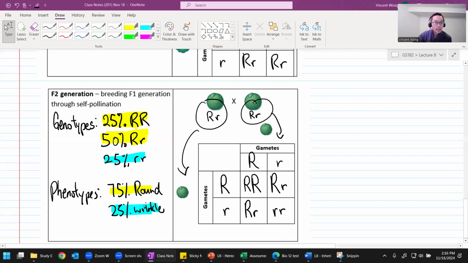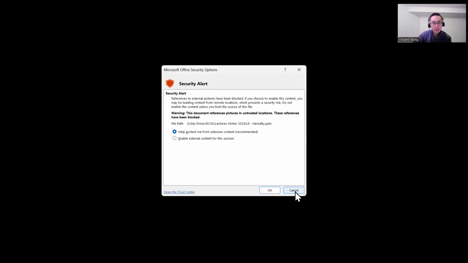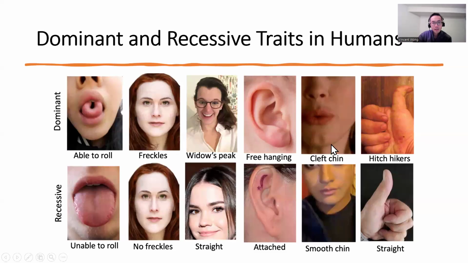So in this picture that I was trying to show you guys with the human traits, it's possible for two parents to be able to roll their tongue, but the child is not able to do so. In this case, the parents would be big R, small r, big R, small r.